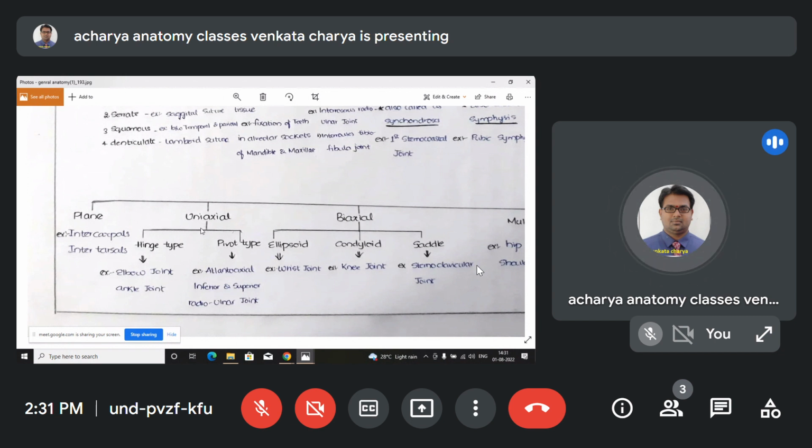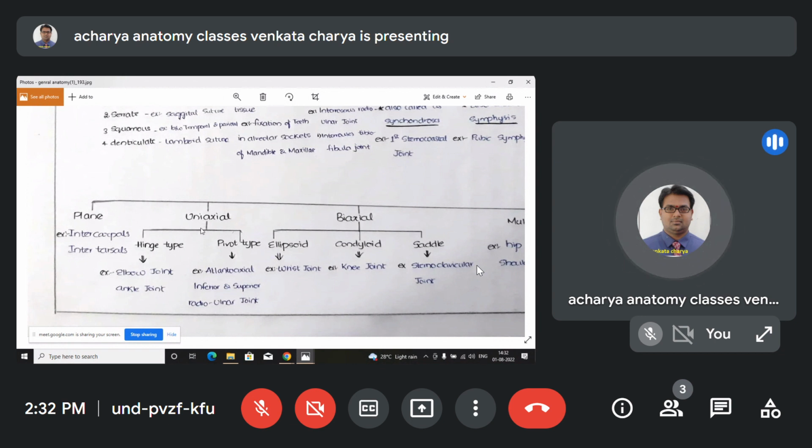Whenever the arm moves towards the body side, we call it adduction, and away from the body, we call it abduction. So adduction and abduction, these two movements are created by the one axis, which is an anterior-posterior axis.